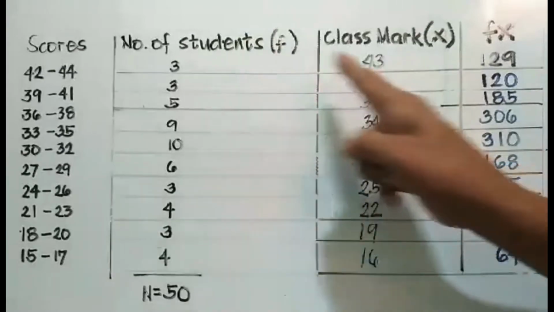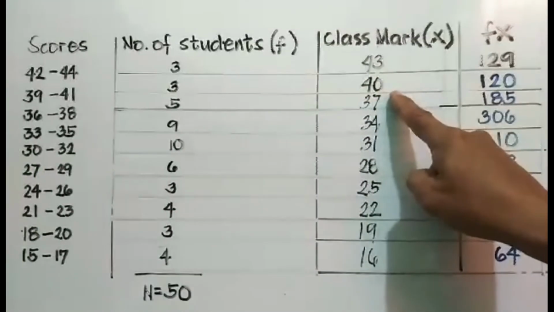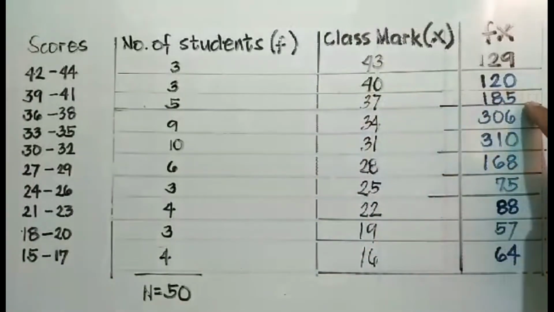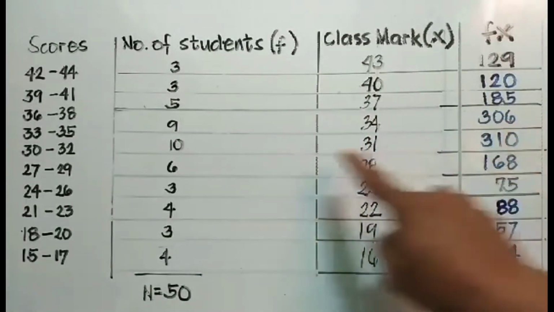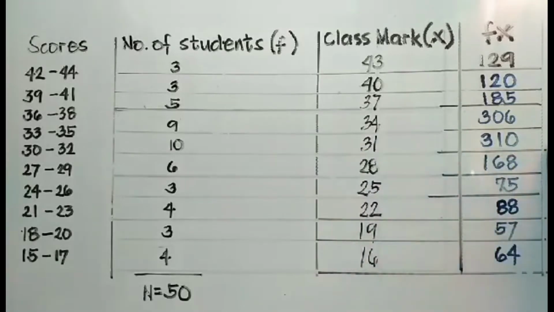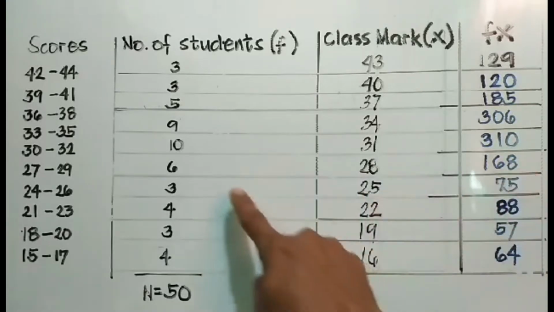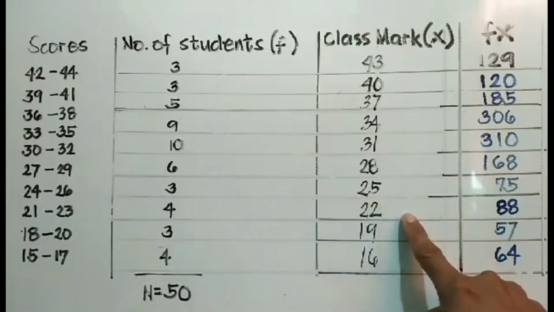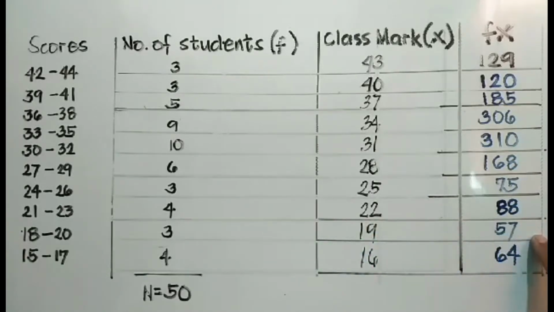Halimbawa, 3 times 43 equals 129. 3 times 40, 120. 5 times 37, 185. 9 times 34 equals 306. 10 times 31, 310. 6 times 28, 168. 3 times 25, 75. 4 times 22 equals 88. 3 times 19 equals 57. 4 times 16 equals 64.